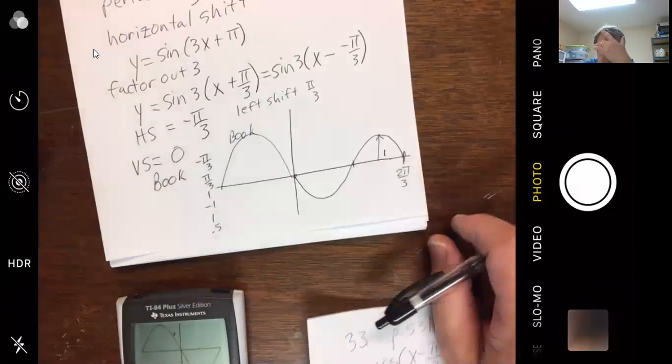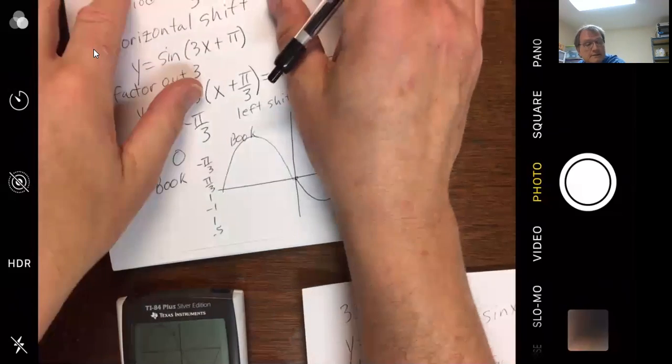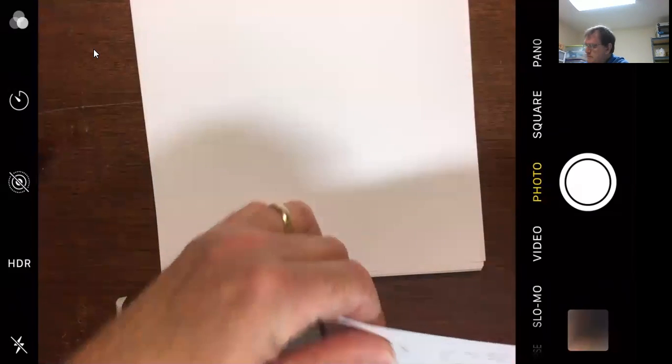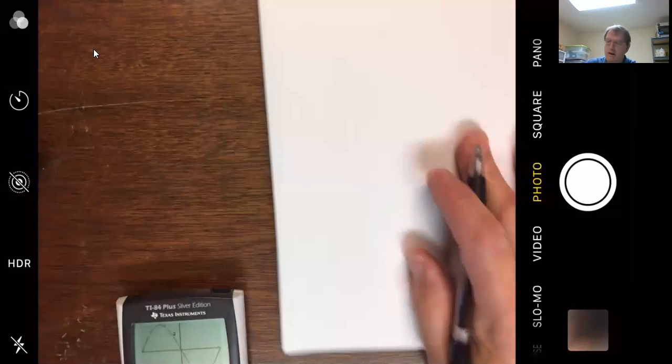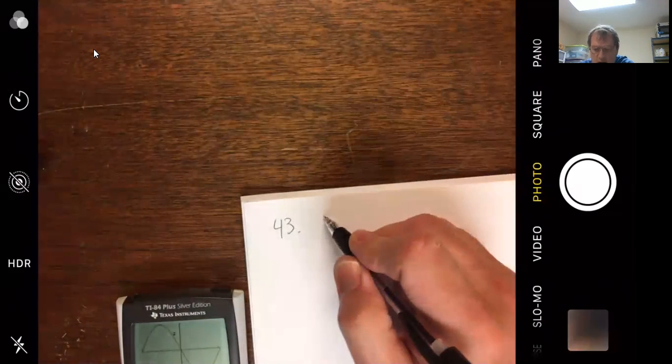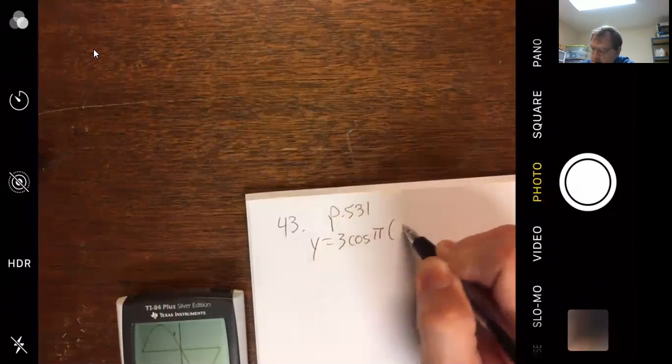All right, let's see. Why don't we try one like 43 real quick? Page 531. 3 cosine of pi times x plus a half.